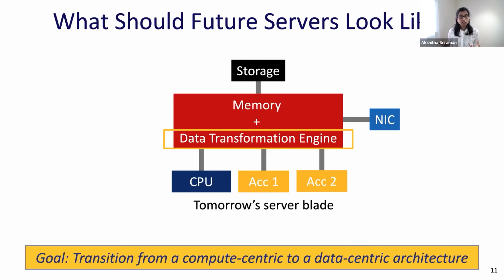And the fundamental question that we are asking is, among these different types of data center operations that are frequently transforming data, what are the ones that are such big heavy hitters that they deserve their own place in the hardware and deserve to be ossified in the hardware?